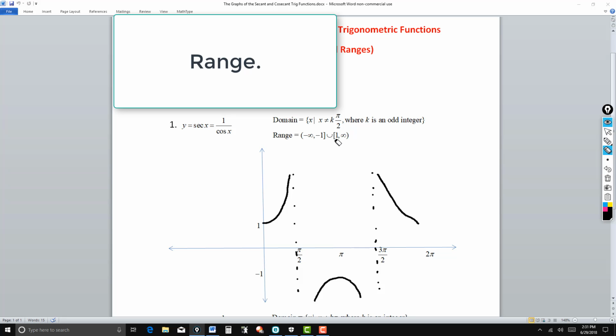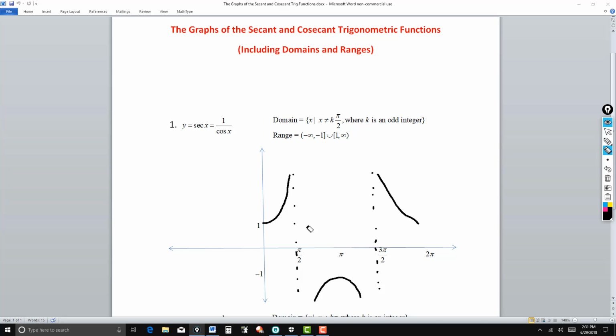That's why the bracket's here. And of course, because the function is undefined at odd multiples of pi over 2, x cannot be k pi over 2, where k is an odd integer. So that excludes all the odd multiples of pi over 2: pi over 2, 3 pi over 2, 5 pi over 2, 7 pi over 2, negative pi over 2, negative 3 pi over 2, and so on. So that's what your graph looks like.